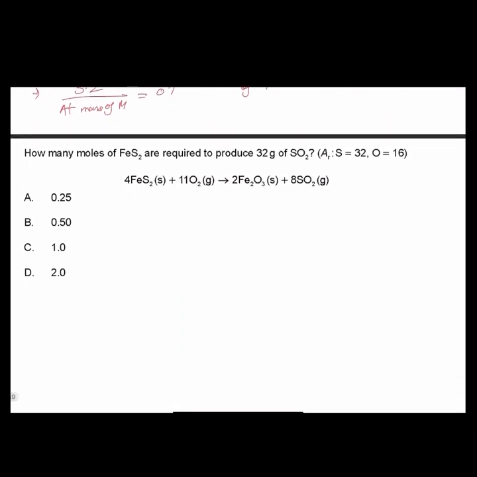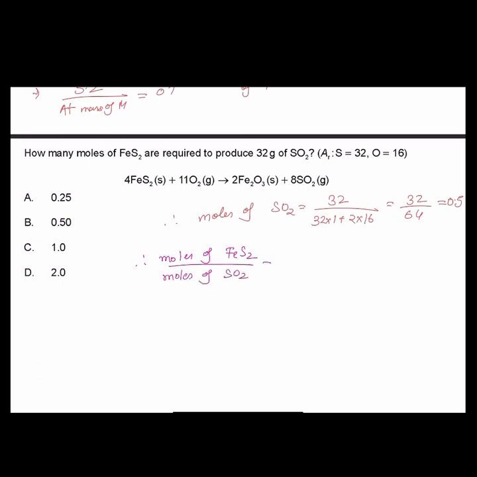The next one, how many moles of FeS2 are required to produce 32 grams of SO2? Let's find the moles of SO2 first. That is mass divided by the molar mass of SO2. Molar mass is 32 times 1 plus 2 times 16, that is 32 divided by 64. That is basically 0.5. This is the moles of SO2. Now we know the moles of SO2, we have to use the stoichiometric ratio to find the moles of FeS2 and we'll be done. Moles of FeS2 divided by moles of SO2 will be equal to 4 over 8.